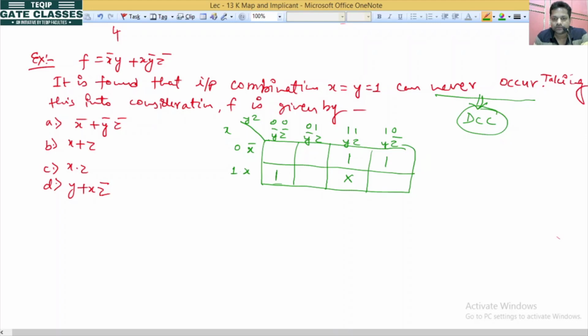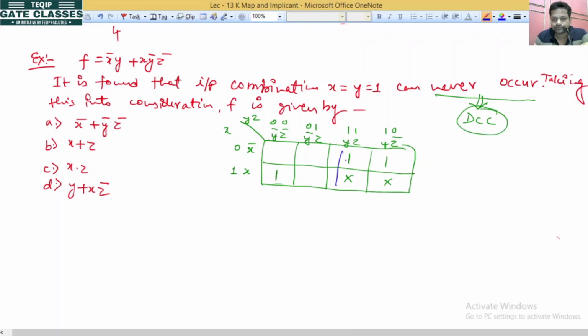So 1 here from x, y is 1 here, so it will be don't care. Now again x from here, y from here, so 1 from here, 1 from column, so it will also be the don't care.